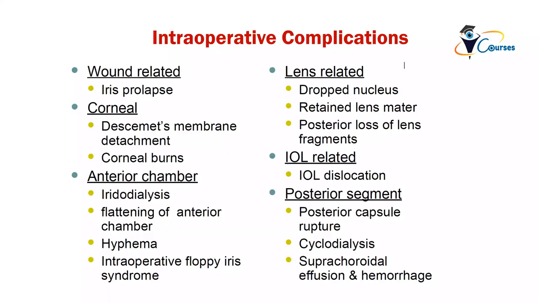Okay, let's move to the intraoperative and postoperative complications. Regarding the intraoperative complications, we have the wound-related complications such as iris prolapse, corneal complications such as Descemet's membrane detachment and corneal burn, anterior chamber complications like iridodialysis, flattening of the anterior chamber, hyphema, intraoperative floppy iris syndrome, lens-related complications such as dropped lens, retained lens matter, and posterior loss of the lens fragment.